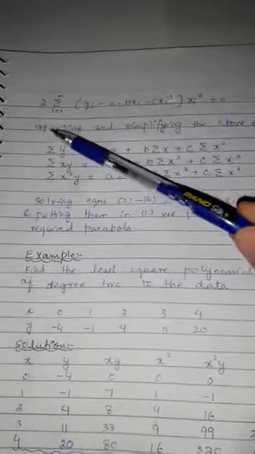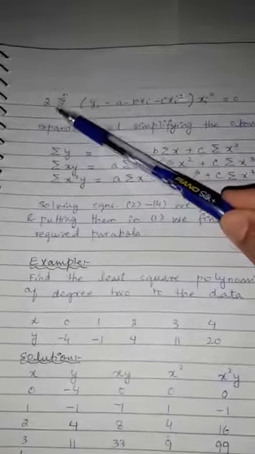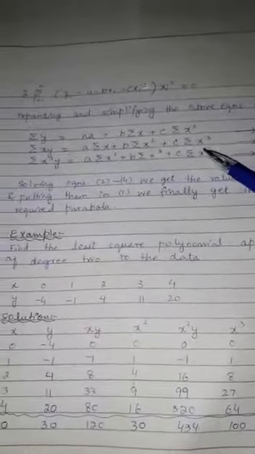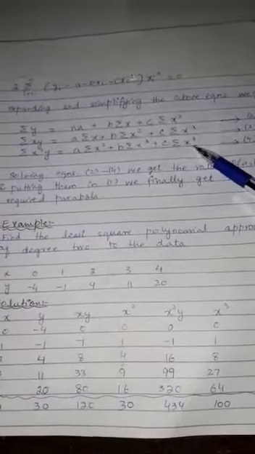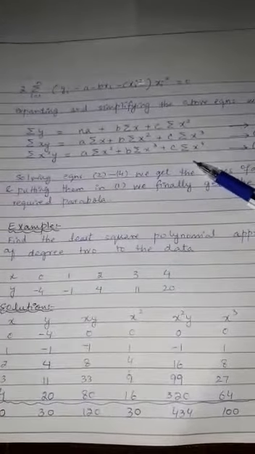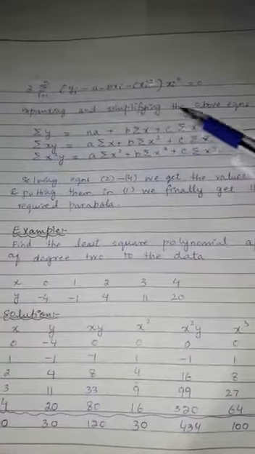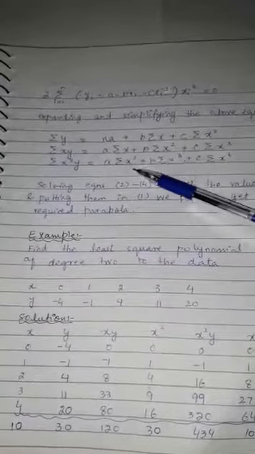So these three sets of equations, removing the index notation, I can write in this form. In this case I am getting 3 equations because I had 3 unknowns a, b, and c, and I have to find the values of these 3 constants.